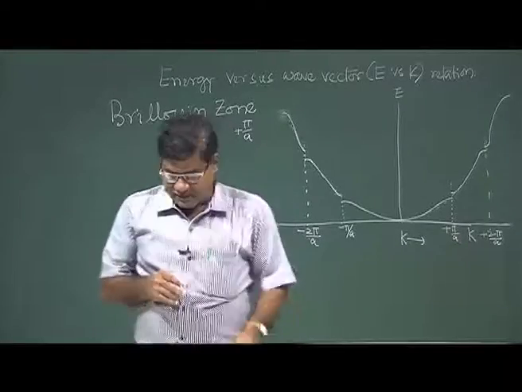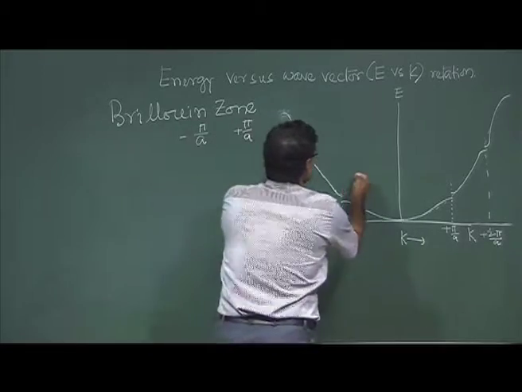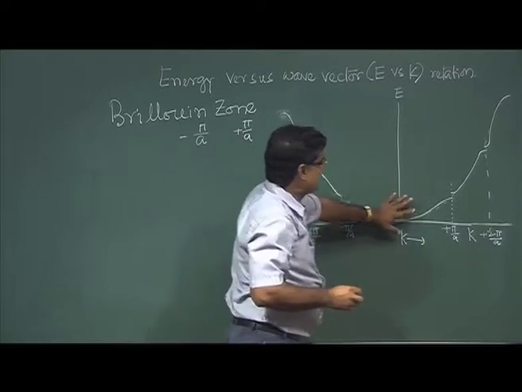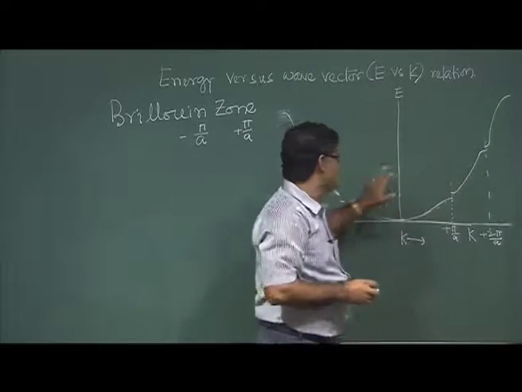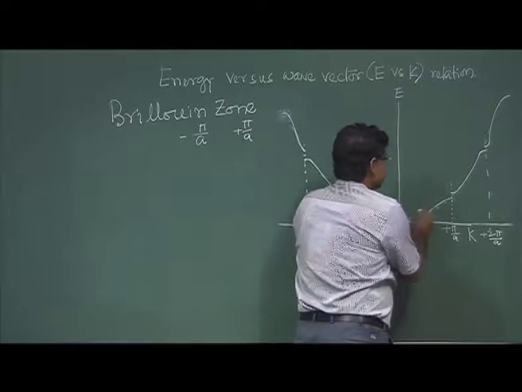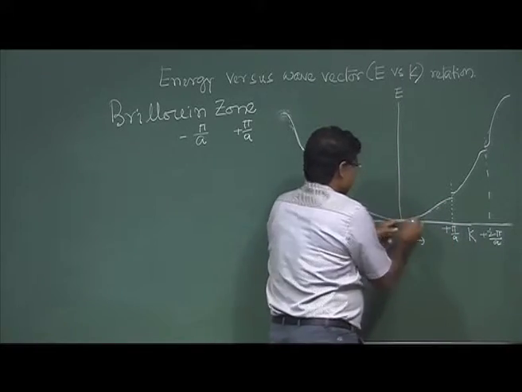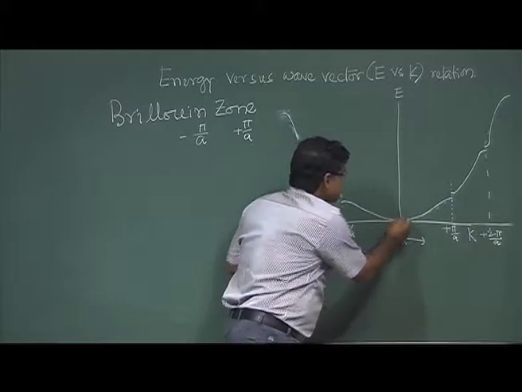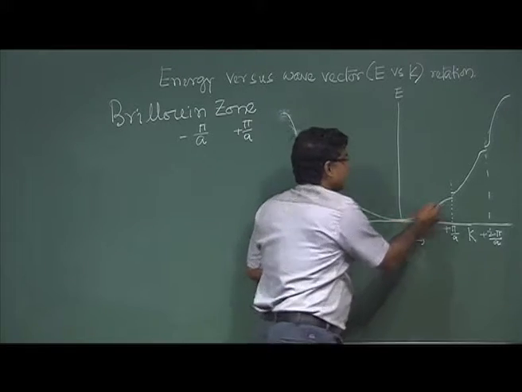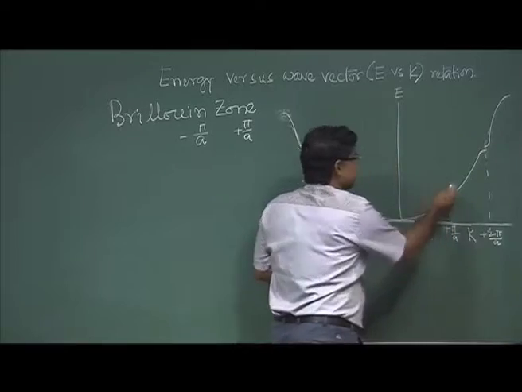So, it is representing different zones, where you see that at the starting of this zone this curve is flat, and at the end of that zone this curve is flat.